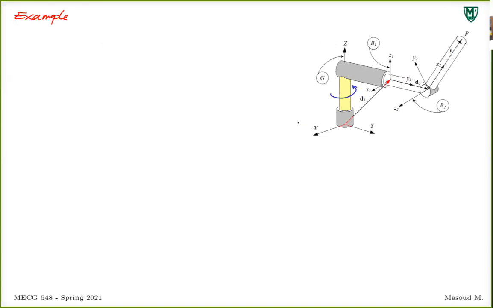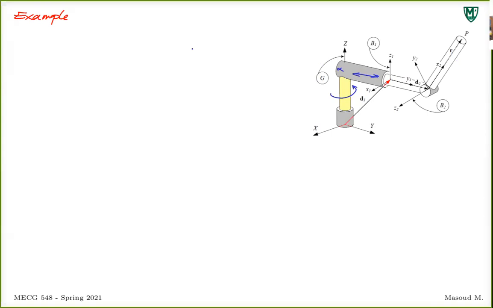It's fixed. Now we have another joint, a prismatic joint. This yellow link, we have rotation there, the gray part right here. On this one, we have a prismatic joint that basically elongates.